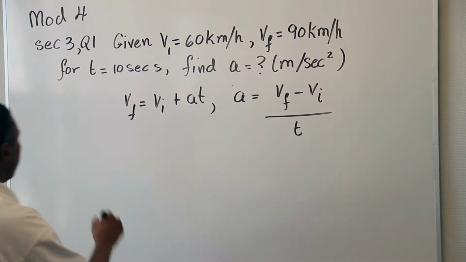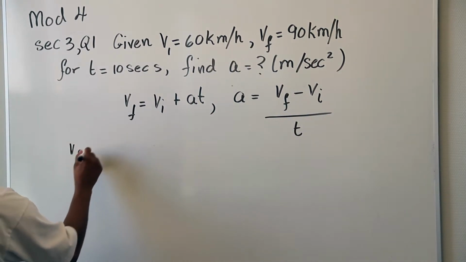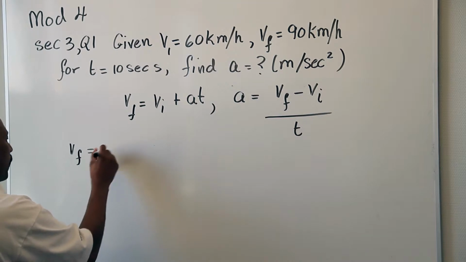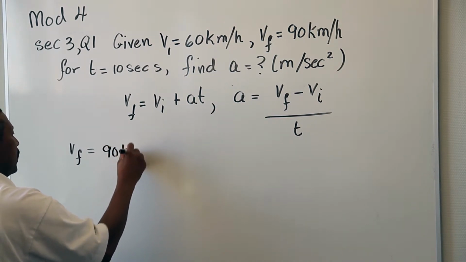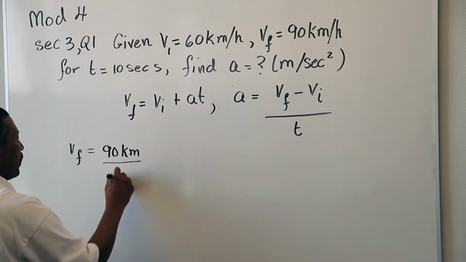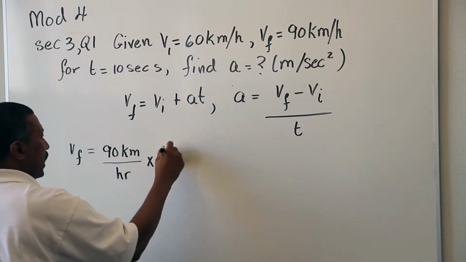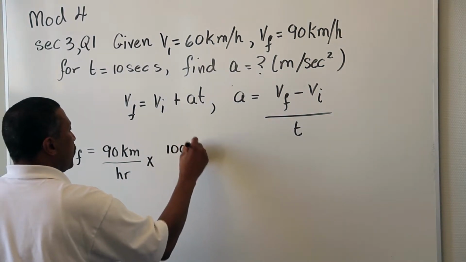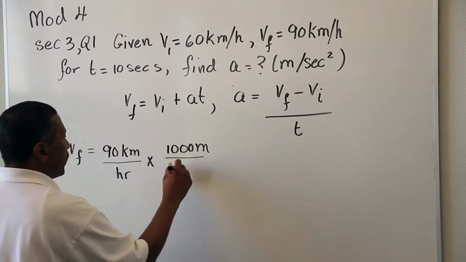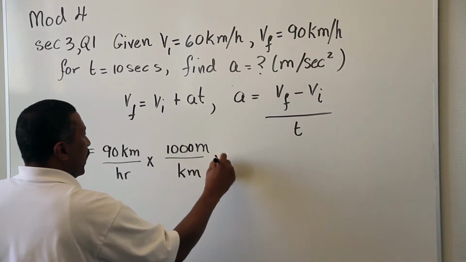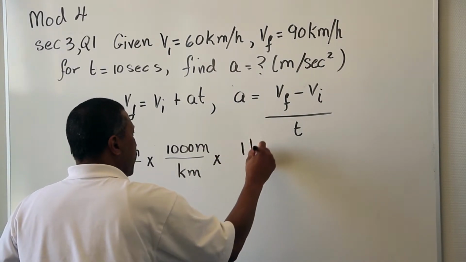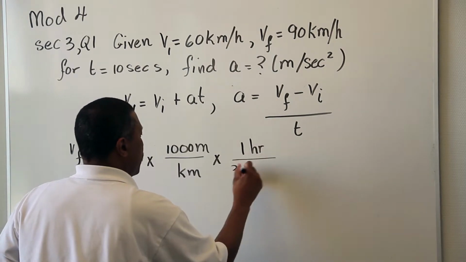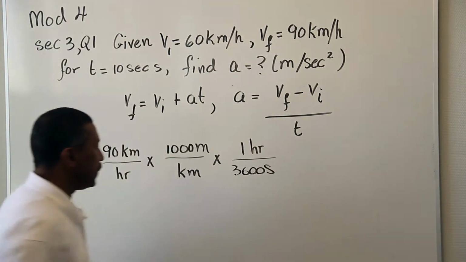The first thing you have to do is find vf. Vf is equal to 90 kilometers per hour, and we're going to convert that using 1,000 meters per kilometer, and then multiply by 1 hour per 3,600 seconds.